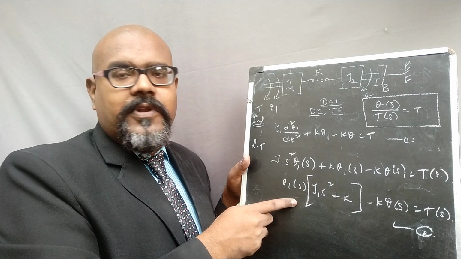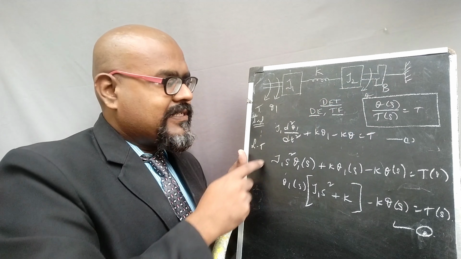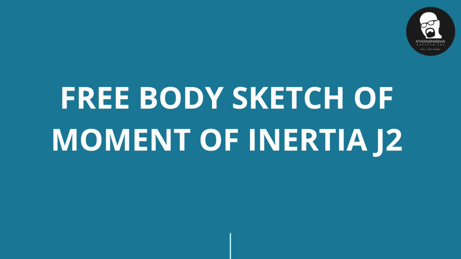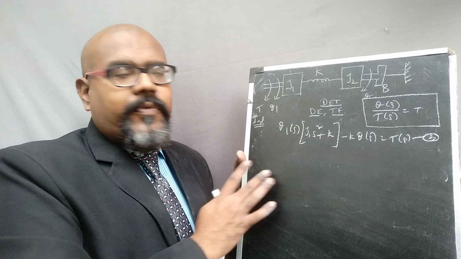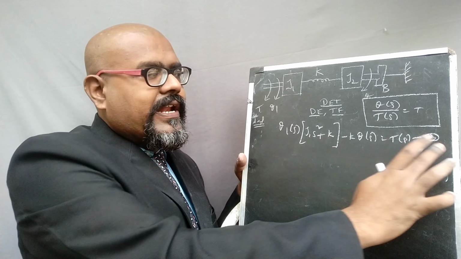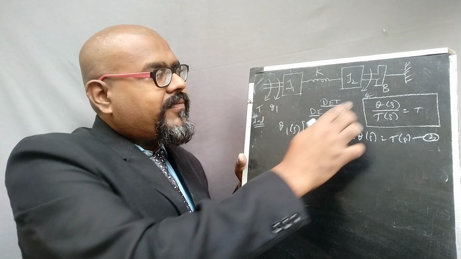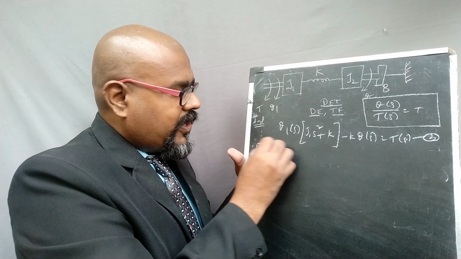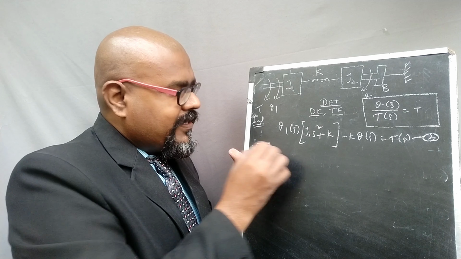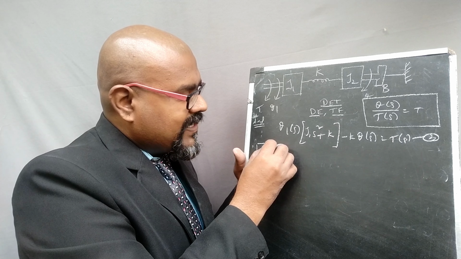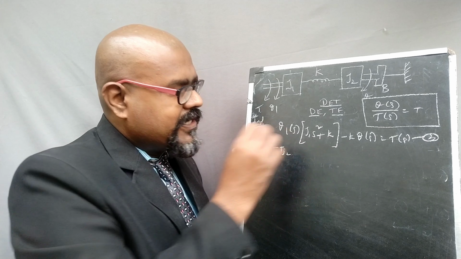I just write this equation in the top and then start the free body sketching. So this is equation number 2, the final Laplace transform conversion of J1. Next, we draw the free body sketch of J2. What are the opposing forces? J2 itself has an opposing torque, so put TJ2.